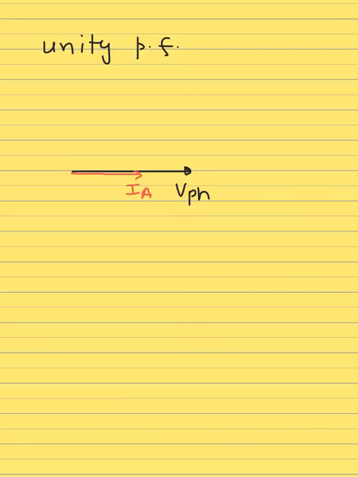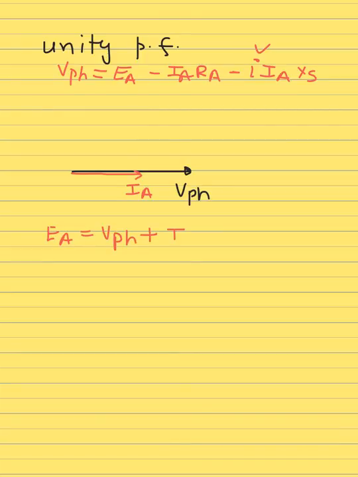The equation was V phase equals EA minus IA RA minus j IA XS, where j is a 90 degrees angle, or you can write this equation as EA equals V phase plus IA RA plus j IA XS.